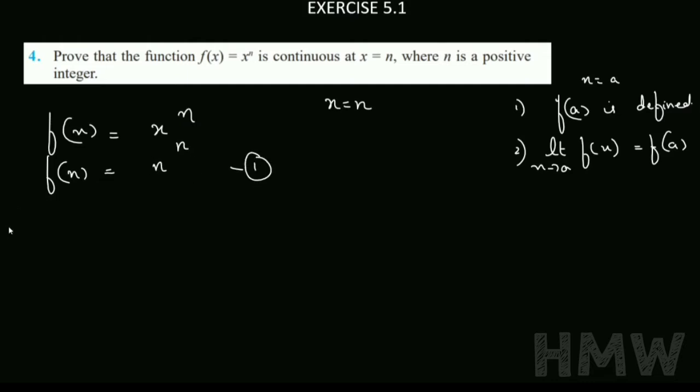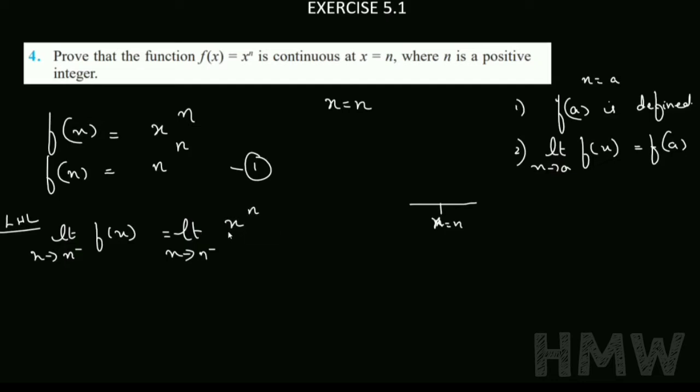Now we have to find the limit value. Let us find the left hand limit at x is equal to n. How do you find the left hand limit? Limit x tends to n minus of f of x, that is, limit x tends to n minus of x power n.